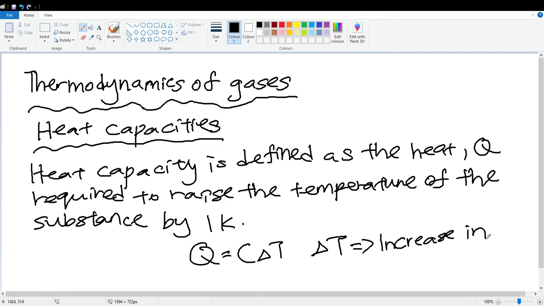So this is the meaning of heat capacity.